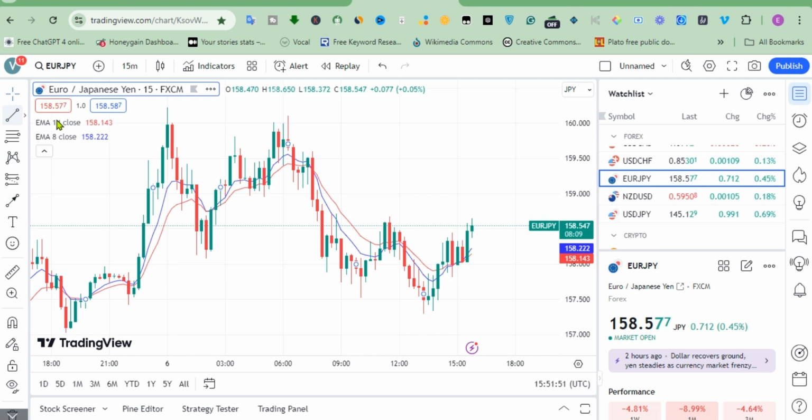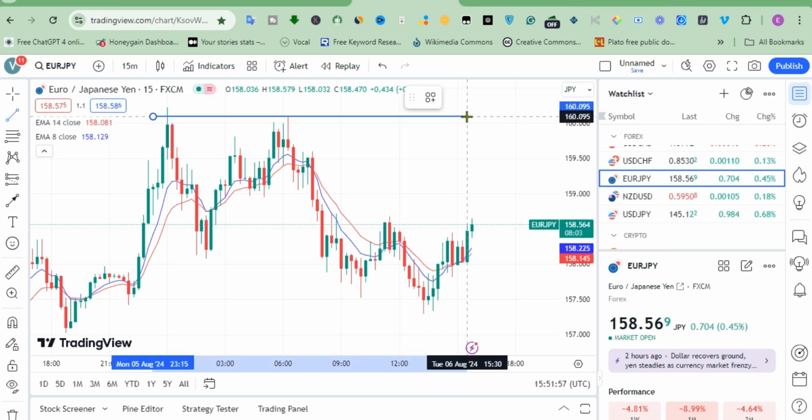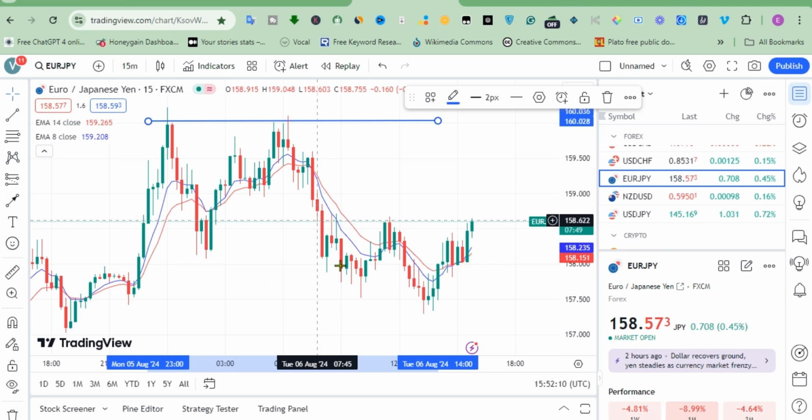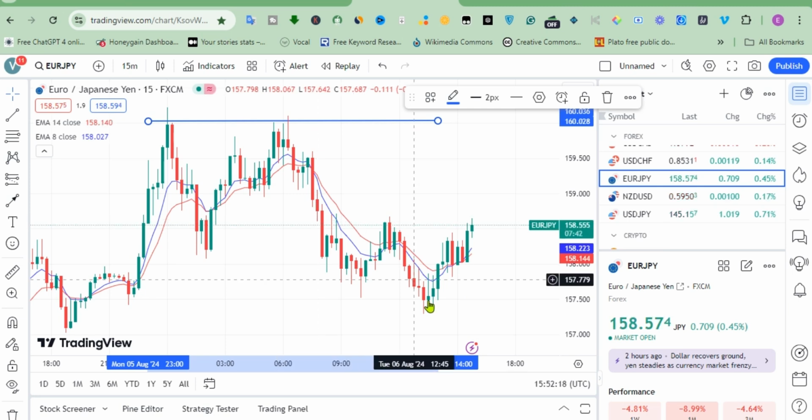Price got to this place, came down, goes up back to this place, moves down here. You can see it started consolidating here, consolidating at this point.